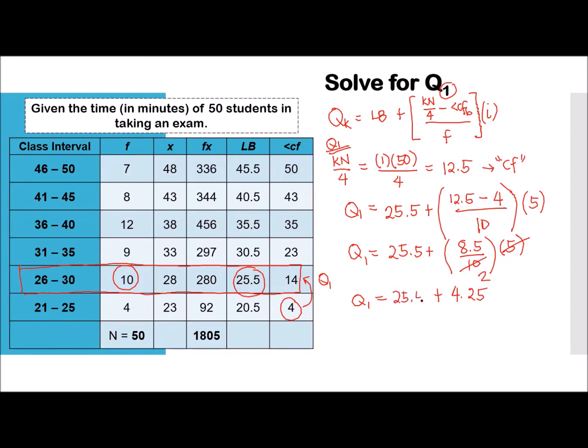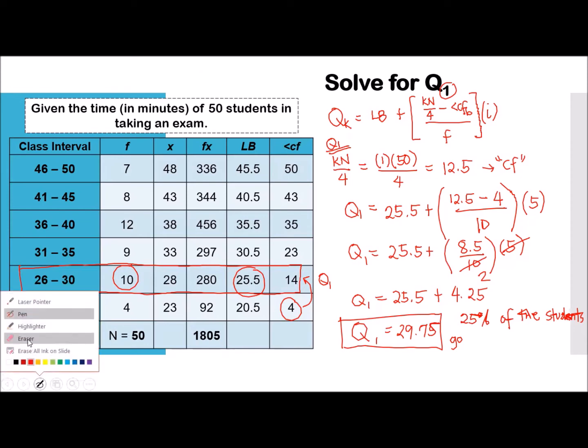And then, add mo na sa 25.5. Anong sagot? The answer here is 29.75. Okay? Ang ibig sabihin po niyan, ilang percent ba ang Q sub 1? So, we have here 25%. Sino ba ang naka 25%? 25% ng ano? Okay? 25% of the students, hindi siya got, kasi we're talking about the, anong pinag-uusapan natin?